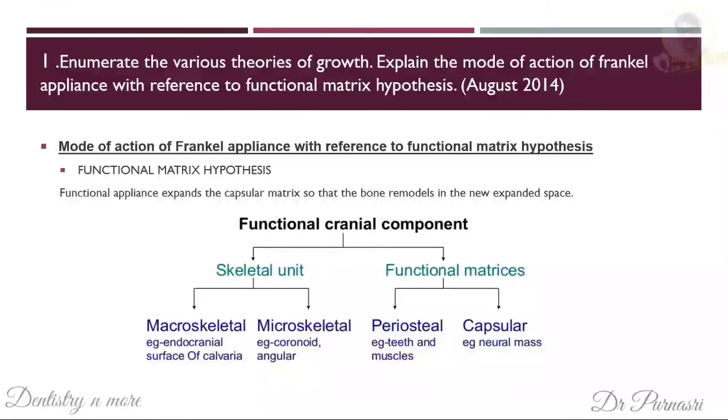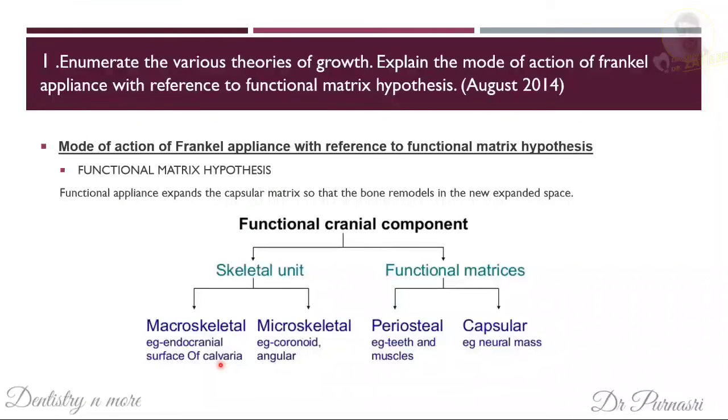Coming to the next part of the question, that is to explain the mode of action of Frankel appliance with reference to functional matrix hypothesis. So first you can just start by shortly mentioning what is the functional matrix hypothesis, and you can draw this flowchart that will sum up the entire hypothesis. That is, functional cranial component consists of two parts, the skeletal units and the functional matrices. So under skeletal units, there are macroskeletal units.